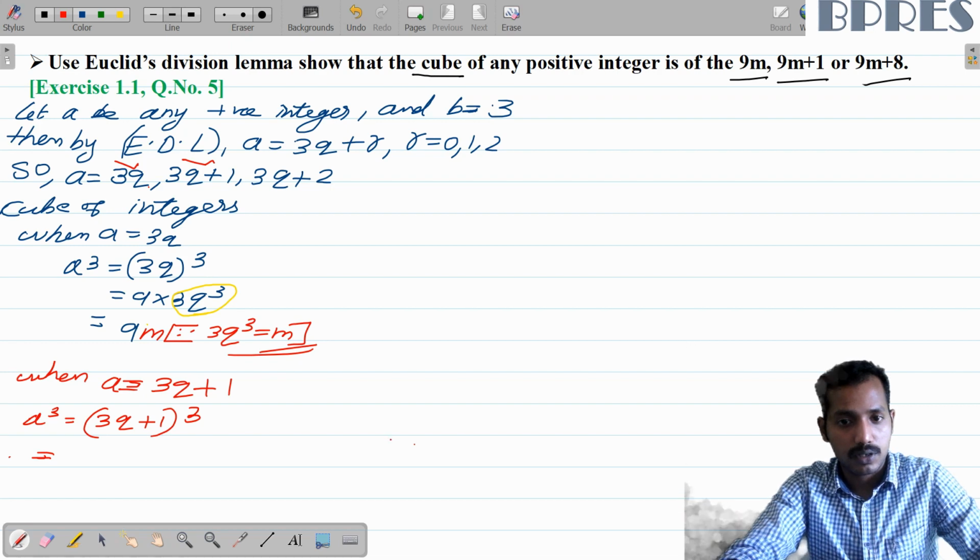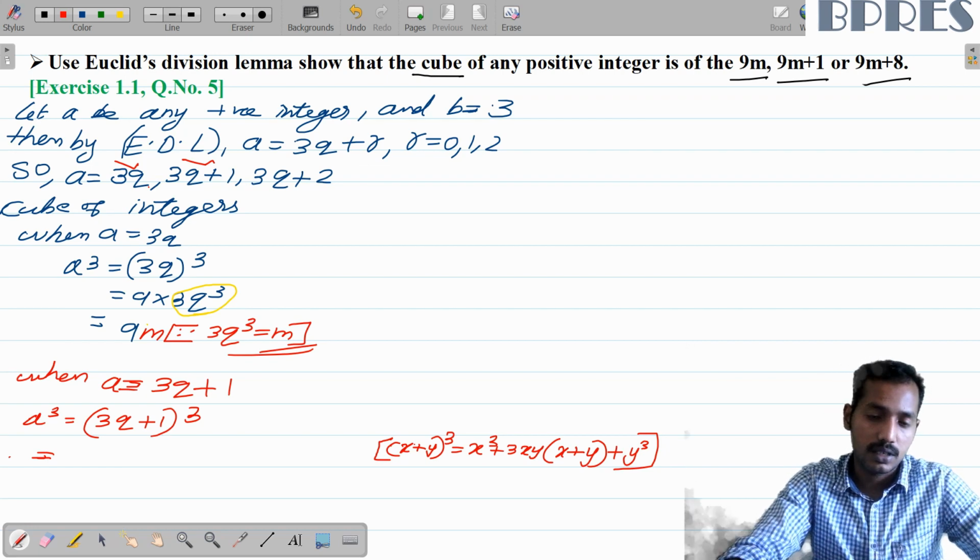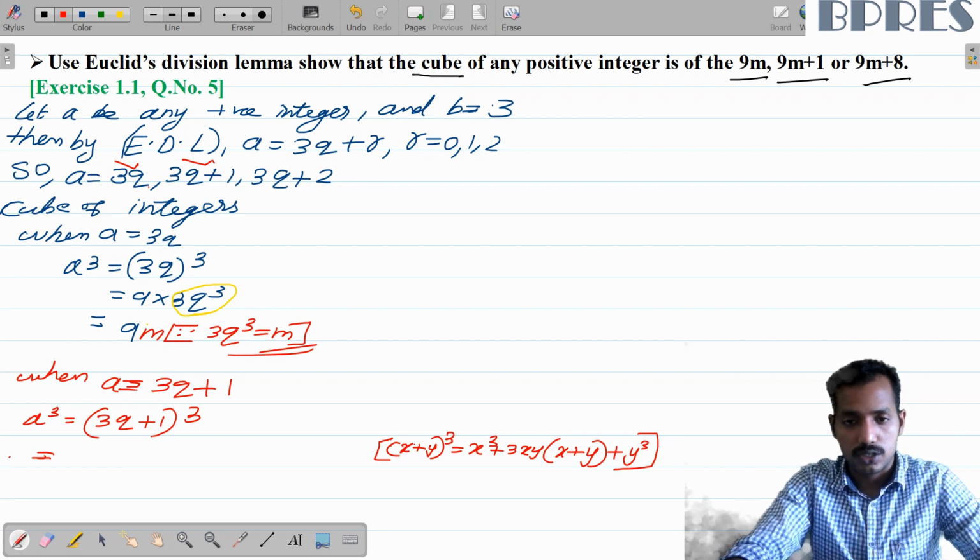We know that (x plus y) whole cube is equal to x cube plus 3xy into (x plus y) plus y cube. This is the algebraic identity used for the expansion of (x plus y) whole cube.